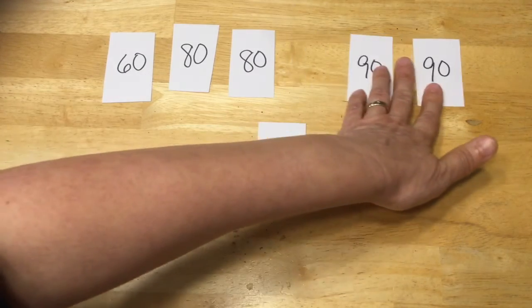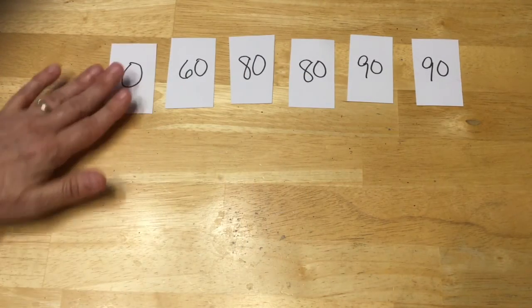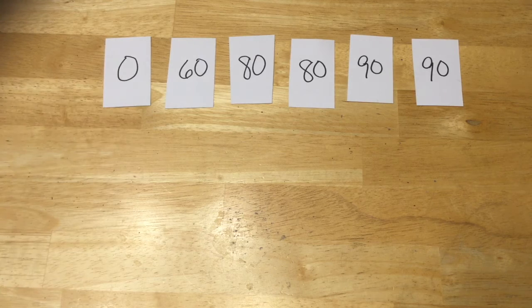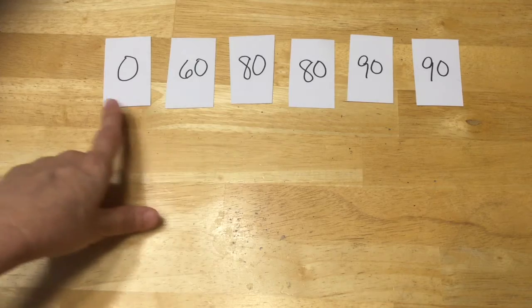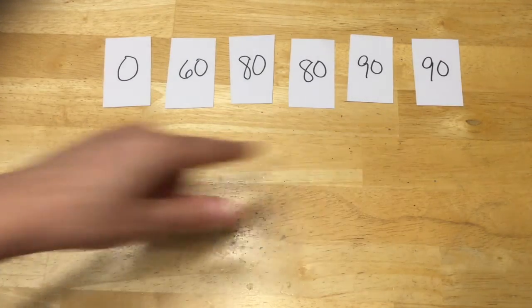So I'm going to move these down because I want to make sure all of my data is in order. Again, what do you think is going to happen to the mean? Is it going to increase, decrease, or stay the same? Add them all up. 0 plus 60 plus 80 plus 80 plus 90 plus 90.